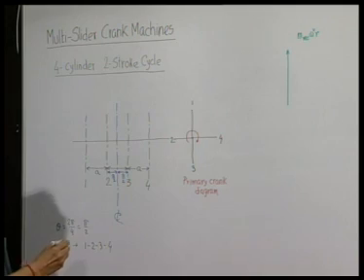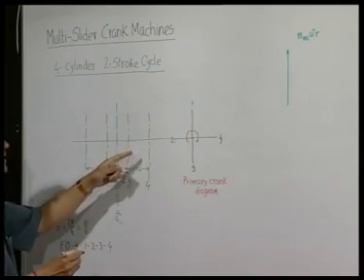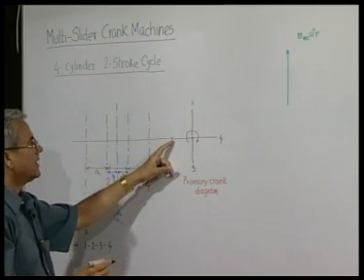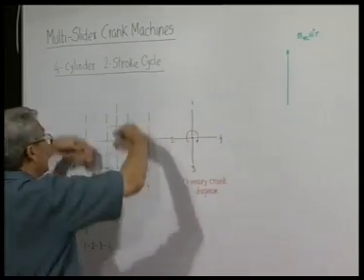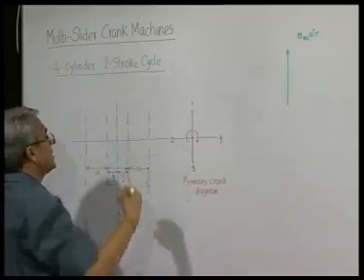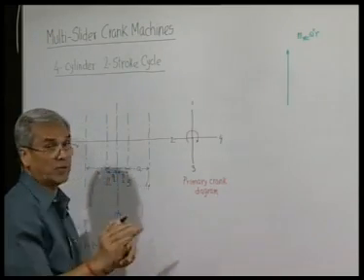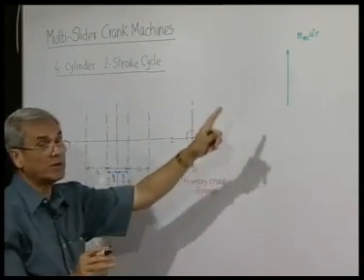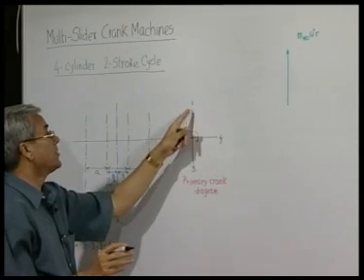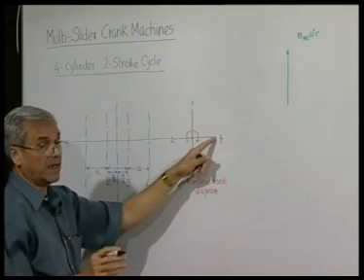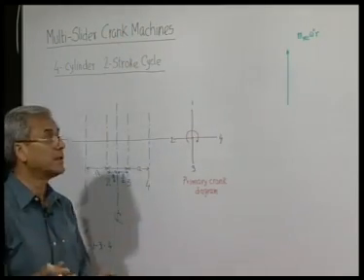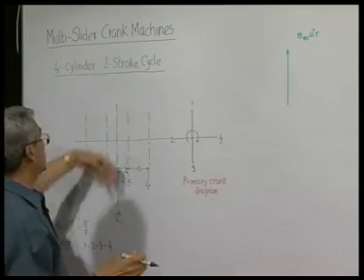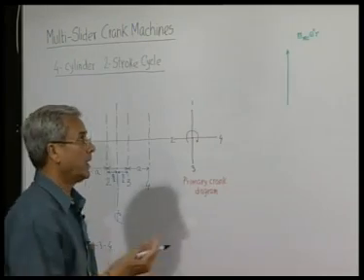The primary force produced by the second cylinder will be nothing but the centrifugal force of this, only of course, we should remember it is only the component of those forces, but what we are initially doing is we are considering only the centrifugal forces produced by these hypothetical masses placed here. Now, if those centrifugal forces themselves are balanced, then obviously their components along any direction will be also balanced.